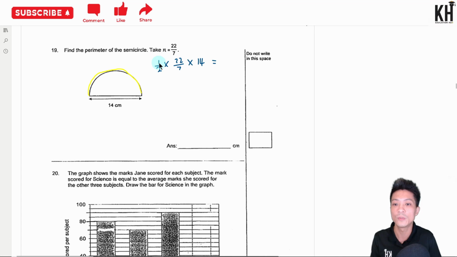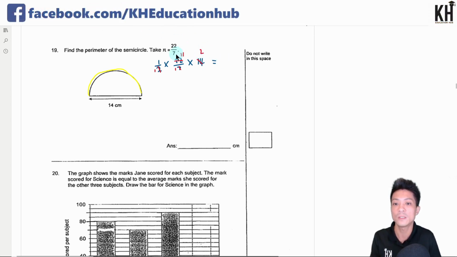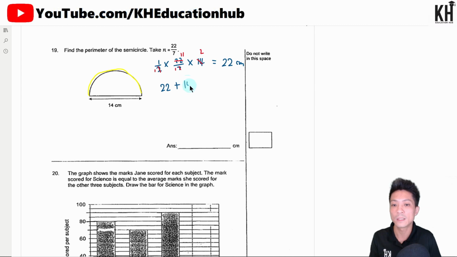So do your reducing, divide by 2, divide by 2, divide by 7, divided by 7. Once you do your reducing, you're only left with 11 times 2, which is 22 centimeters. 22 plus 14, which is the bottom part, will give you 36 cm. 36 cm will be the answer.